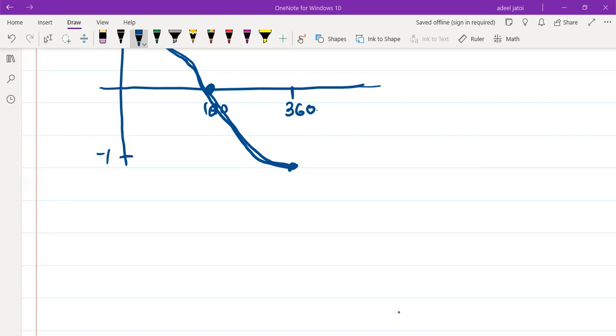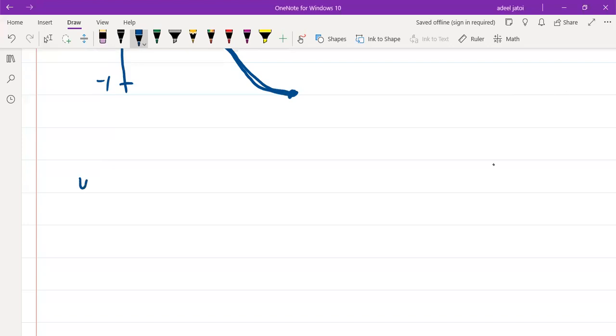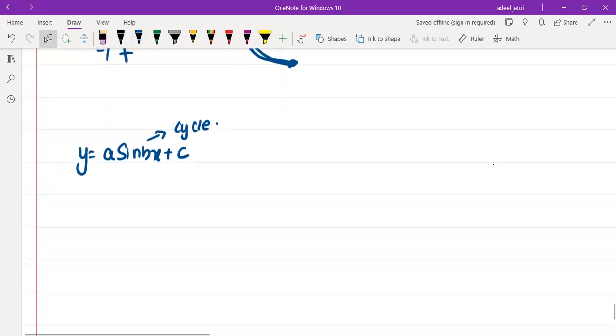Now, in the question, what we understood was a sin bx plus c. This b was particularly the cycle that we worked upon. Now, we should also be working on the amplitude. What does amplitude mean?